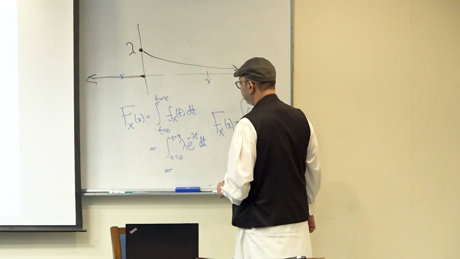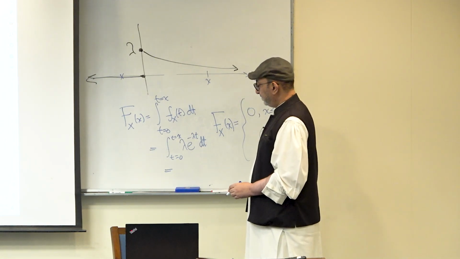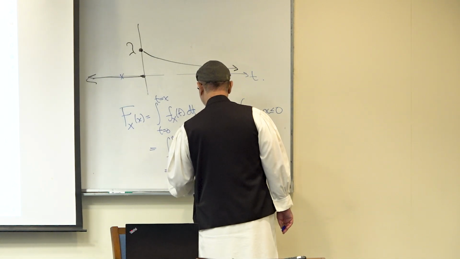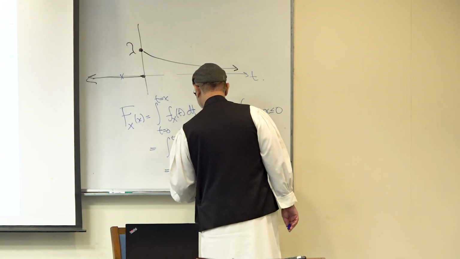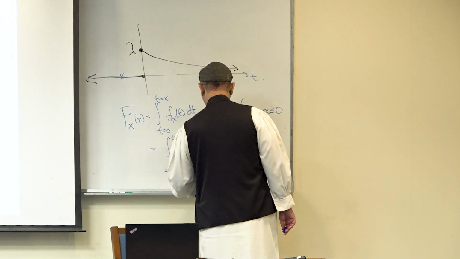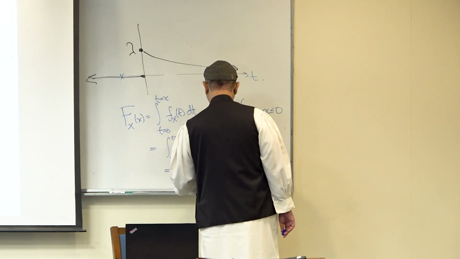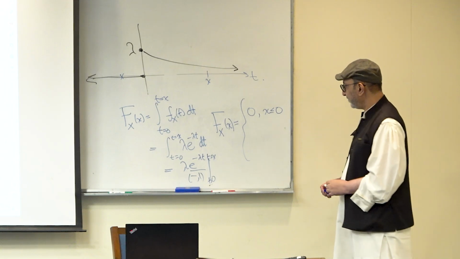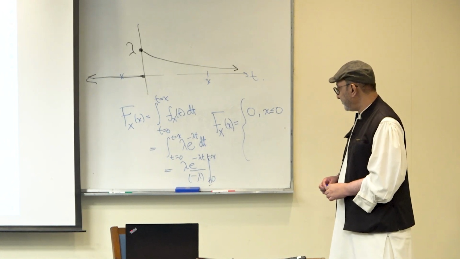So what's that? That's lambda e to the negative lambda t divided by negative lambda, evaluated at t equals 0 and t equals x. Can somebody tell me what that is?